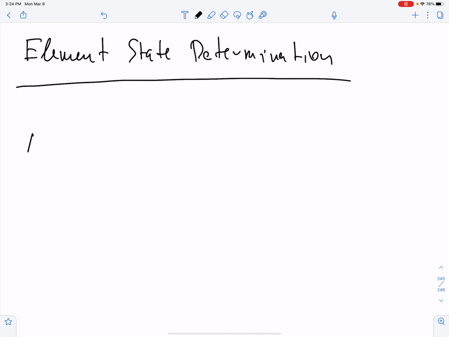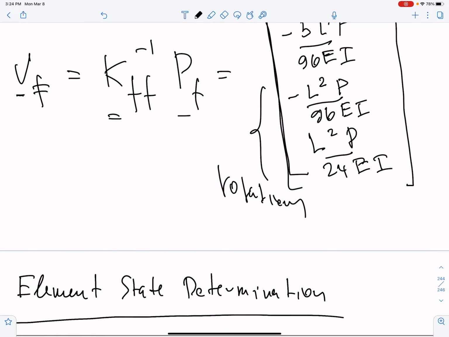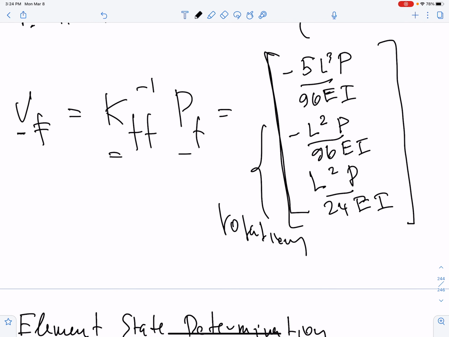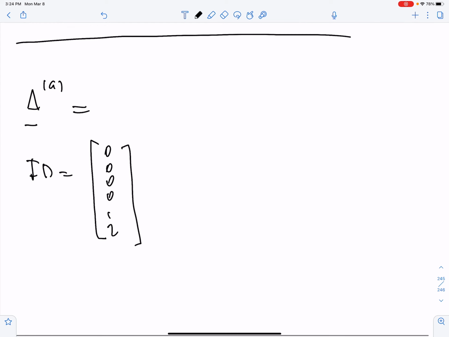First, you take the first element, and from there, using the ID array, which, if you recall, is 0, 0, 0, 0, 1, 2, we find that we take the entries 1 and 2 of this vector and put them in positions 5 and 6.